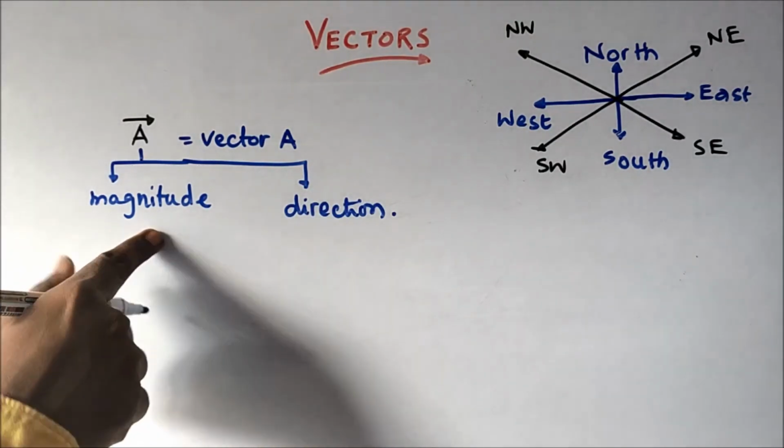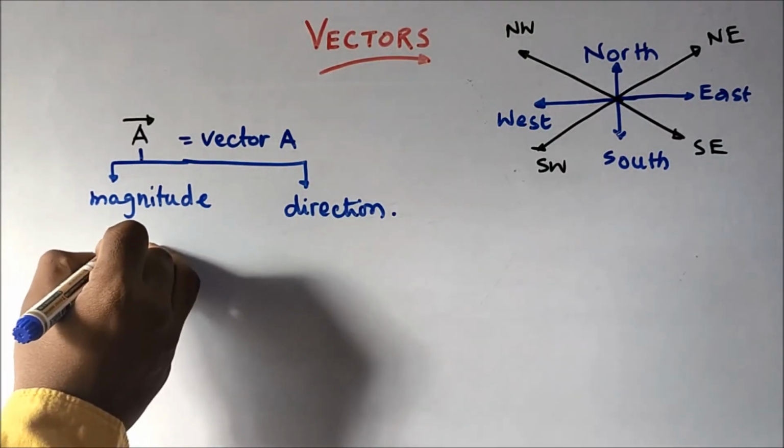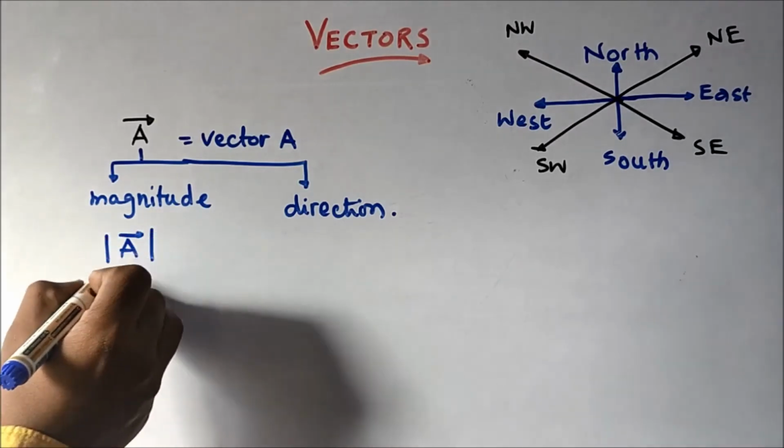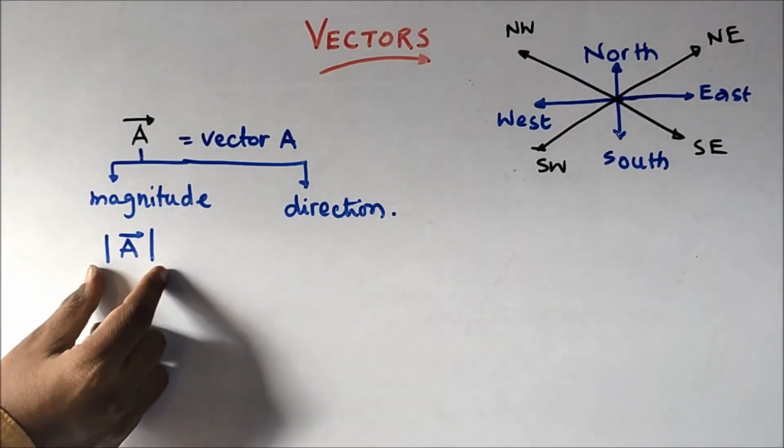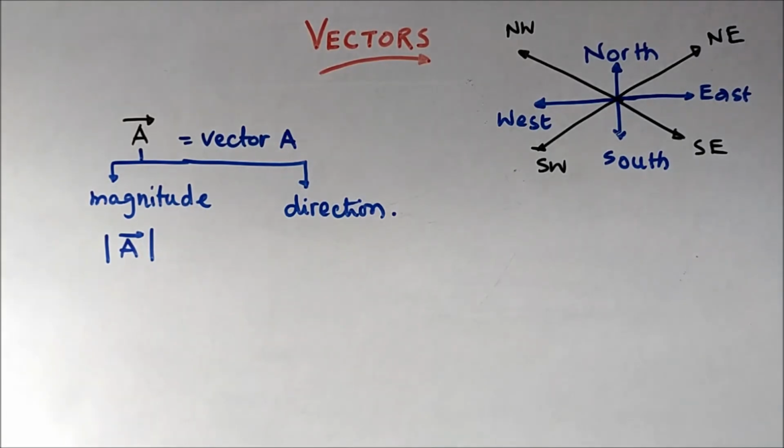Magnitude is represented by writing vector A in mod. So magnitude is represented as mod of vector A.